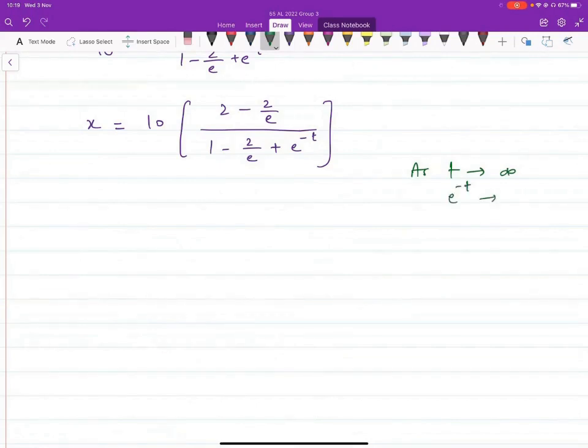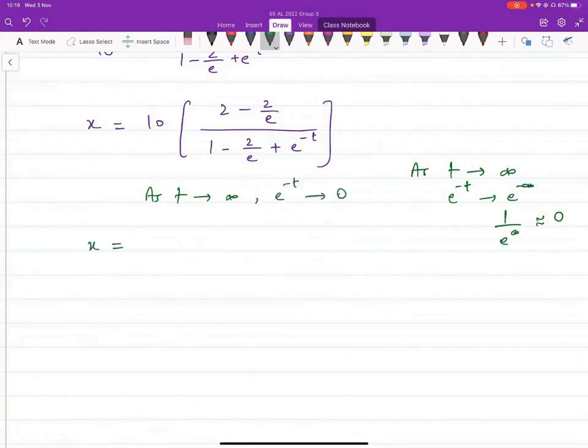That's like e raised to power minus infinity, which is 1 over e raised to power infinity, and that's essentially 0. When t becomes extremely large, this thing gets eliminated. Is that okay? So as t goes to infinity, e raised to power minus t goes to 0.